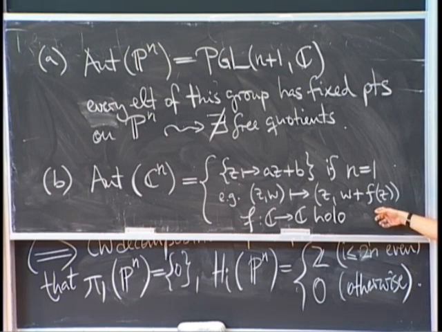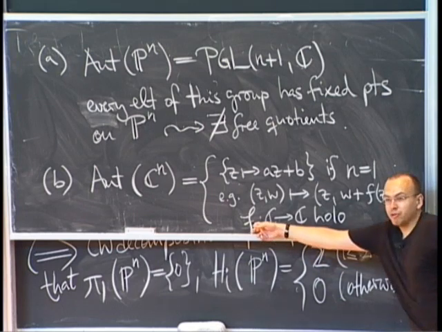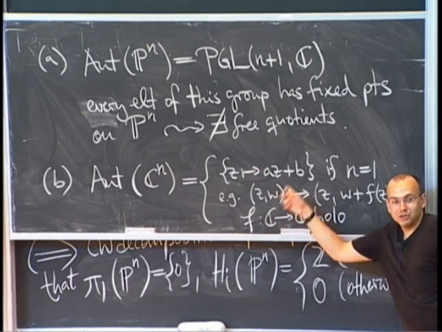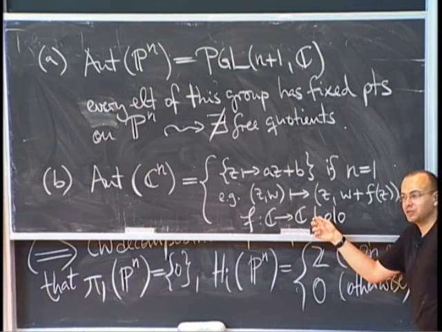So the automorphism group of C2 is infinite dimensional. It's actually known exactly what the automorphism group of C2 is. And when n is at least 3, then the automorphism group of Cn is not actually known. That's sort of one of the big open problems in algebraic geometry. And even if you restrict to algebraic functions, if you take f to be a polynomial, clearly you still get an infinite dimensional space of automorphisms. You don't even need transcendental functions here.